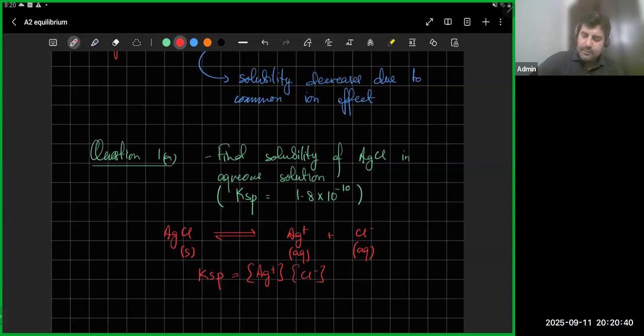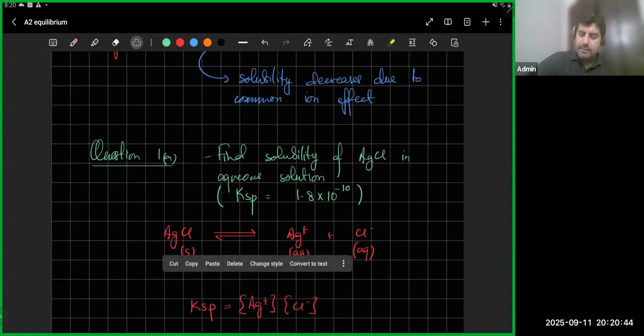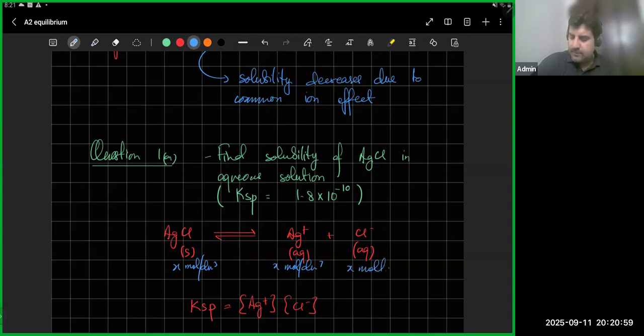Now, the trouble is we don't know what the solubility is. We don't know what the concentration is. So I'm going to assume that X mole per dm cube dissolves. So on the other side, it's 1:1. So X mole per dm cube of silver ions would be present. And X mole per dm cube of Cl ions would also be present.